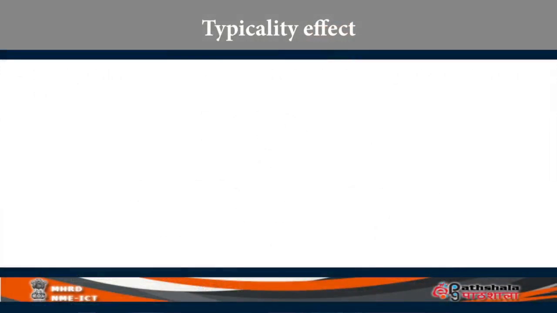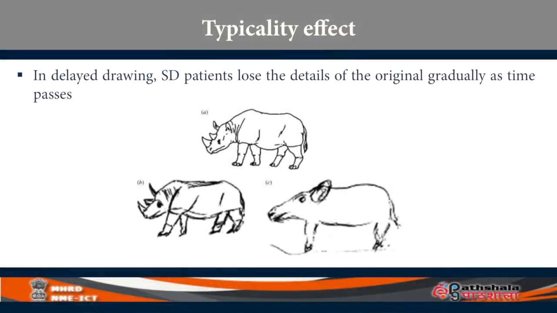Notice the patient was able to reproduce the picture of the hippopotamus relatively well a few minutes after seeing it. But then after some amount of delay, when he was asked to recall and draw the picture again, he left out the typical characteristic, typical feature of hippopotamus, that is the horn on the head.